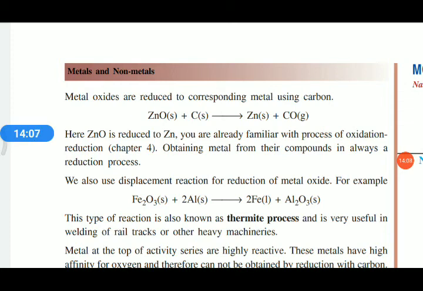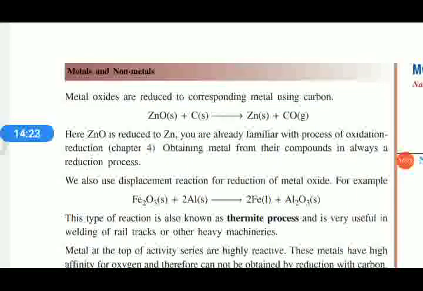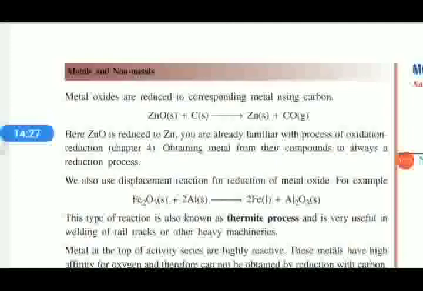In the case of zinc oxide, we add carbon, we get zinc. Similarly, in the case of Fe2O3, iron oxide, we add aluminium to it. It's a displacement reaction. We get aluminium oxide plus iron.